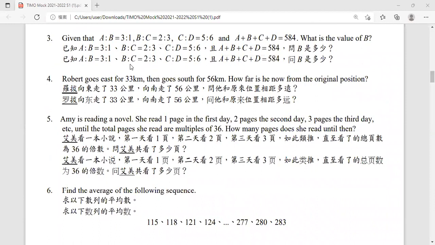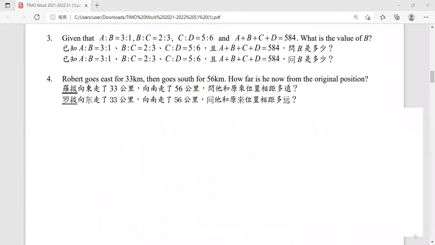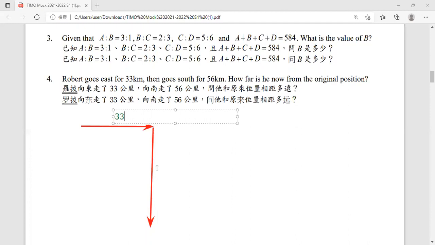Now, this one, maybe for those who are in the second one, some of you don't know how to do this question, but actually it's fairly simple. Now you go east for 33 kilometers and south for 56 kilometers. So you have to find this distance.